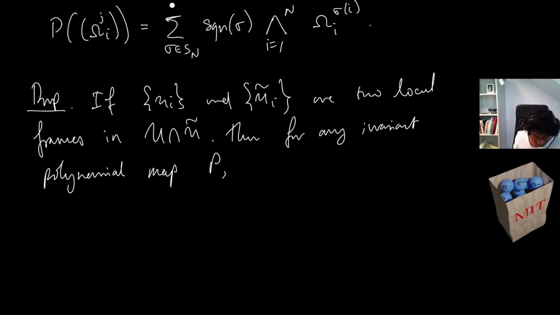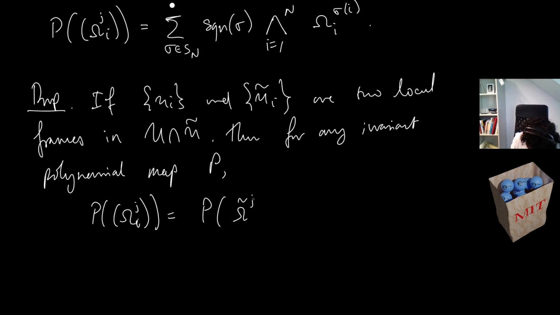We have that P of Ω is equal to P of Ω tilde in the intersection, taking values in the even algebra now.